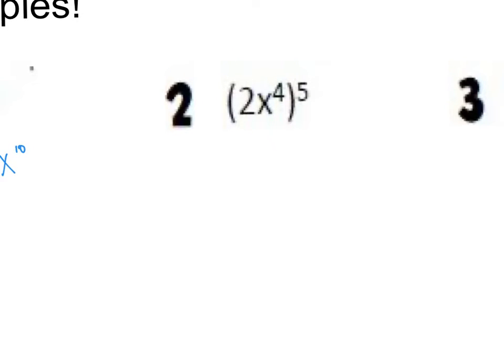Now here we have a coefficient, and that does make things a little different. You are still going to multiply the powers. However, you can't just ignore that 2 there, that coefficient. So what we're going to do is treat that normally. So 2 to the power of 5. So 2 times 2 times 2 times 2 times 2. That's 32. So 2 to the power of 5, we are still going to do that.